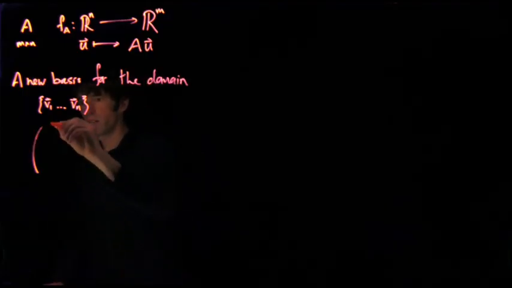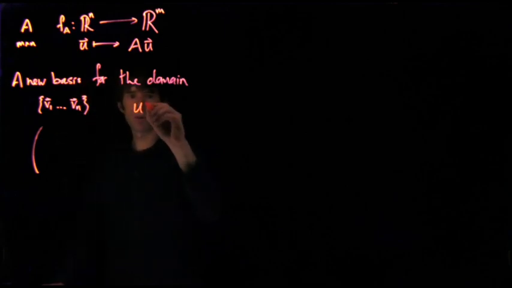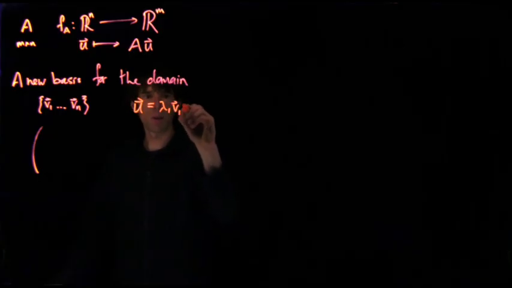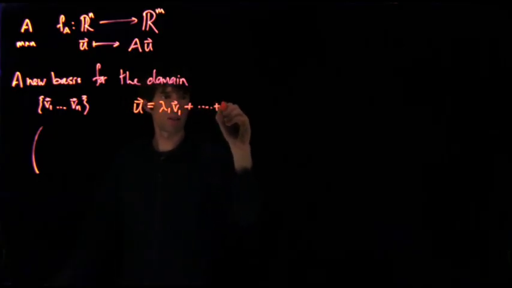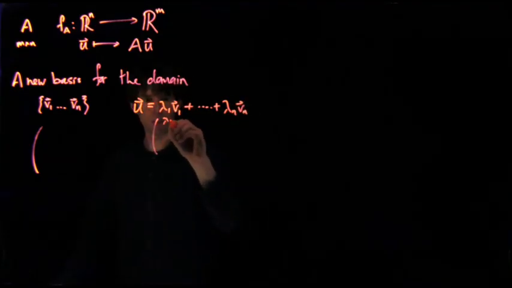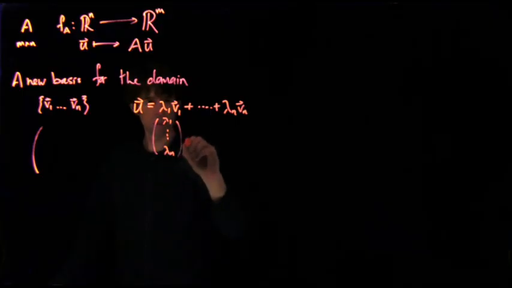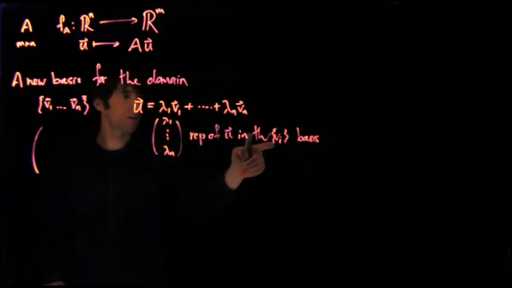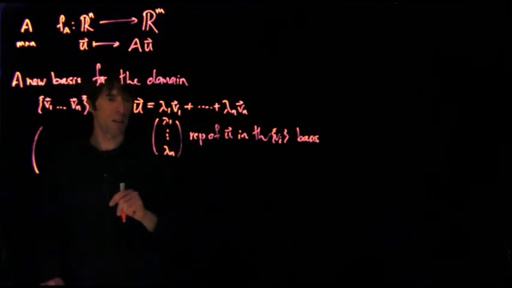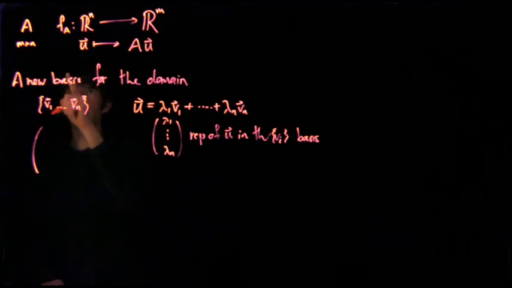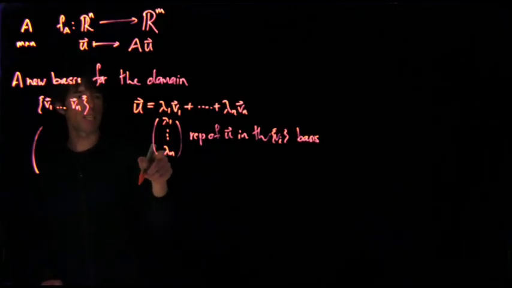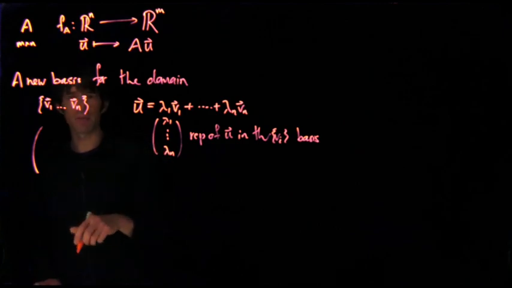So let's take a vector u and write this as lambda 1 times v1 plus dot dot dot up to lambda n times vn. So this vector lambda 1 up to lambda n is a representation of u in the v basis. So let's see if we can work out a formula for this linear transformation if we want to give it this input in the v basis.